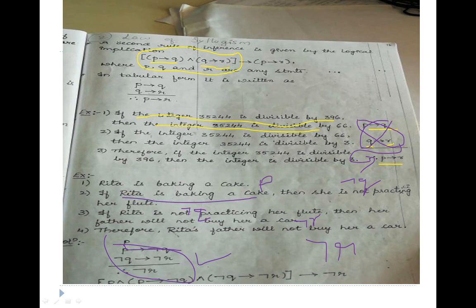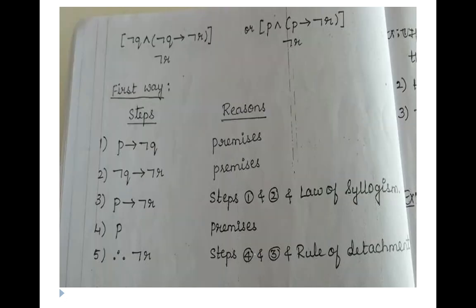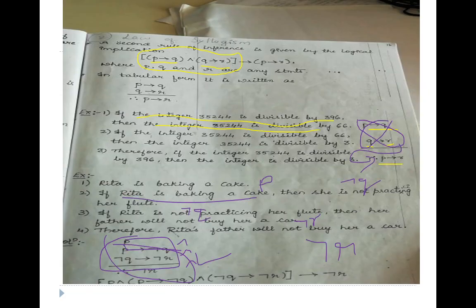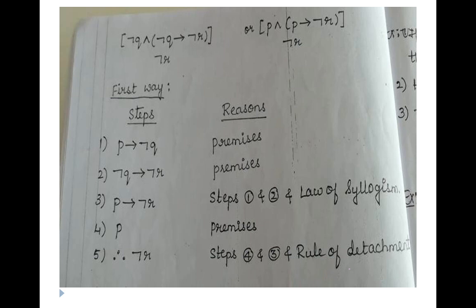Once it is done, since it is in tabular form, each row is going to be represented separated by conjunctions. Here: P, and P implies negation of Q, conjunction, negation of Q implies negation of R, conjunction, implies negation of R. Then we have to simplify this because we can apply any law, we should get a conclusion.